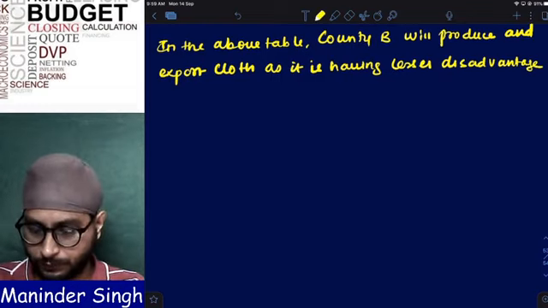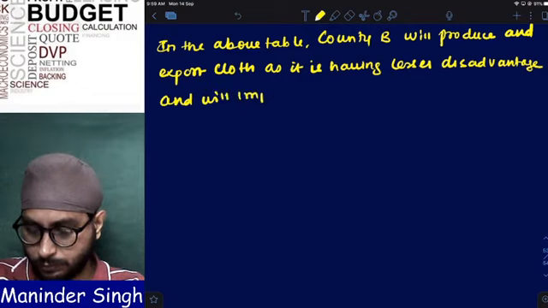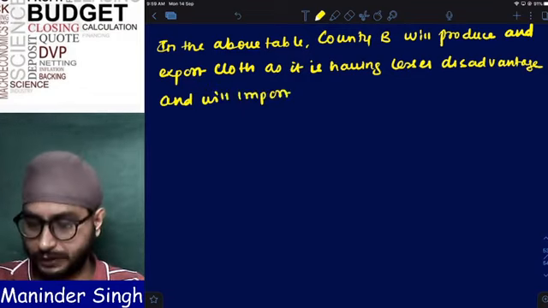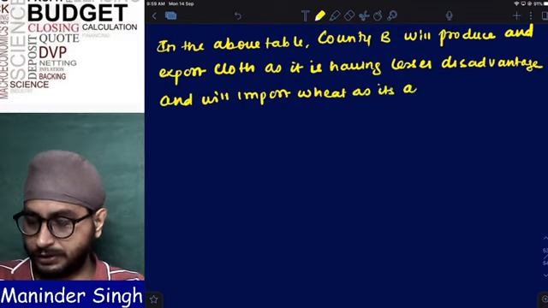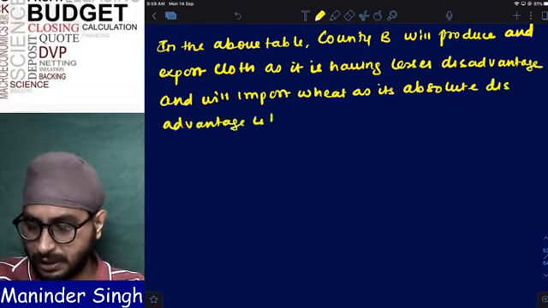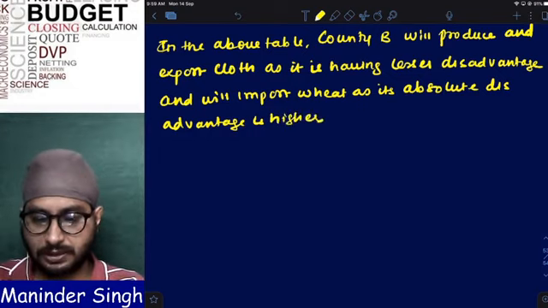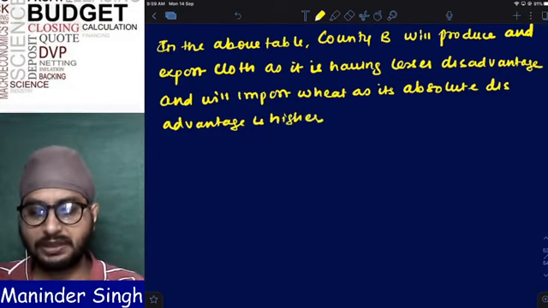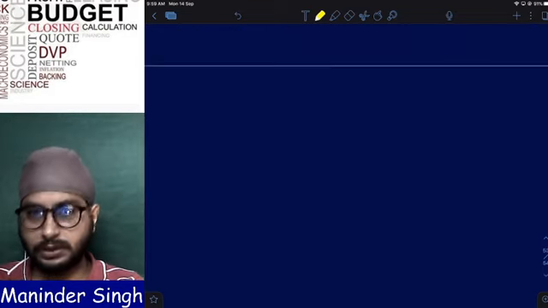And it will import wheat as its absolute disadvantage is higher. Clear? Is higher. Correct or not? Simple logic.